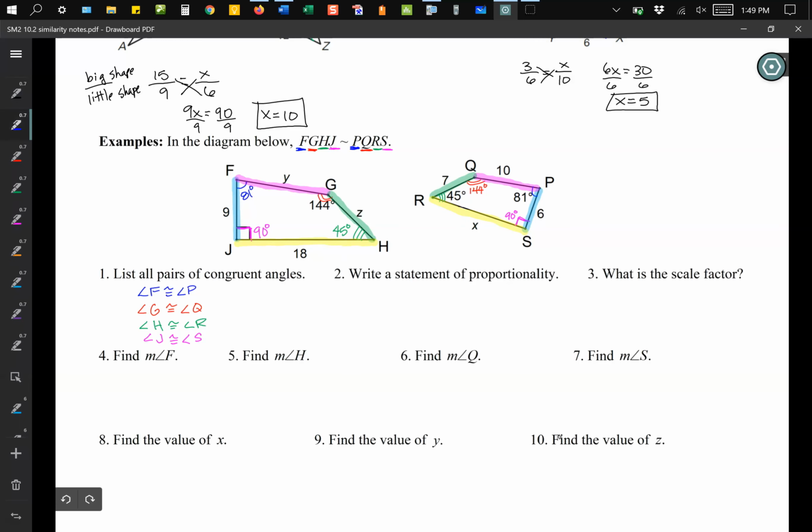The other way is to ignore the shapes completely and just look at the order of the letters in the similarity statement. You can just say, okay, first 2 letters over first 2 letters. FG over PQ.